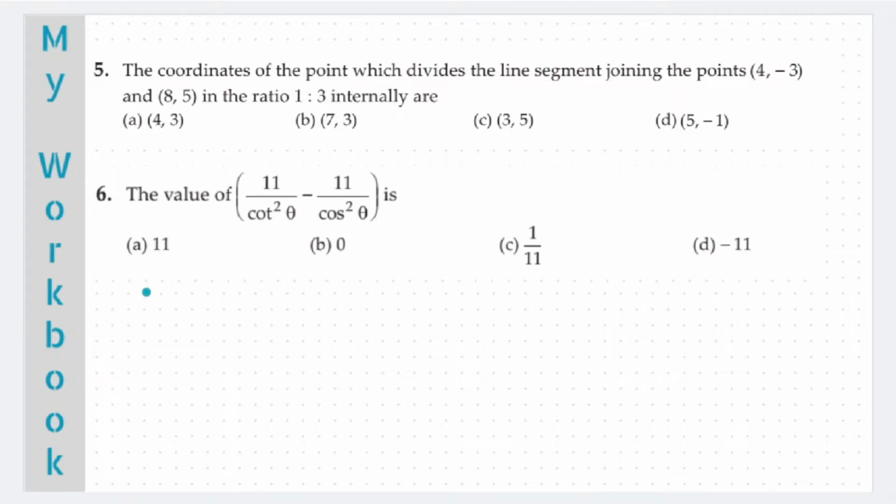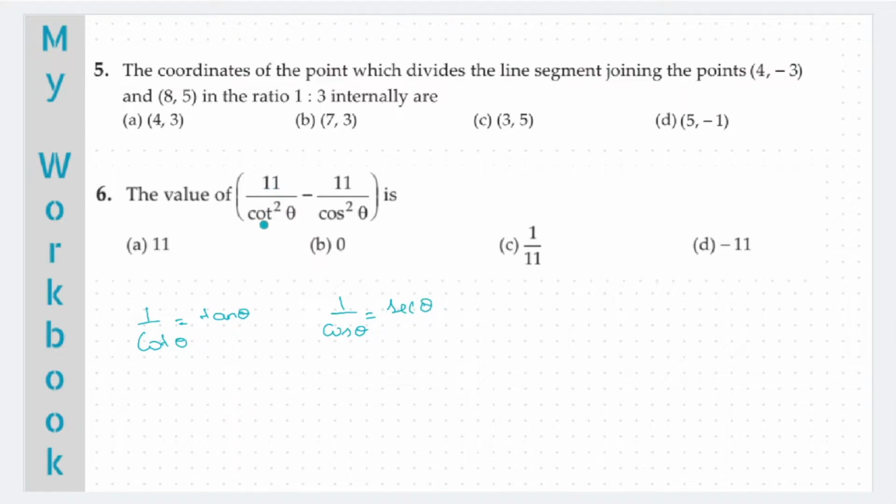Let's solve question number 6. 11 by cot square minus 11 by cos square. We know that the reciprocal of cot theta is tan theta and the reciprocal of cos theta is secant theta.